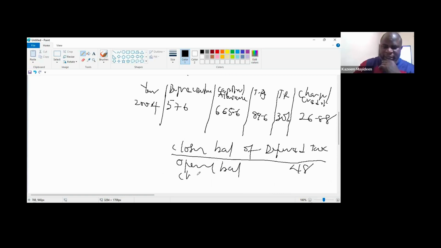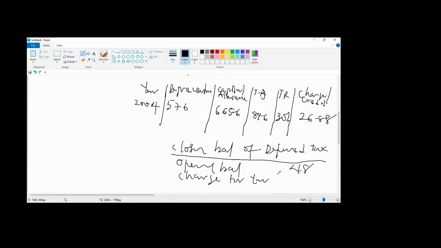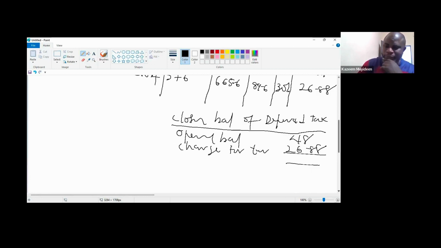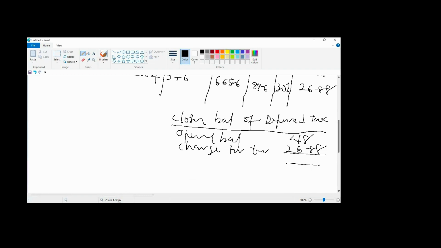And as a charge for the year, what is the charge for the year? 26.88. This is 7 marks for a basic year question. 48 plus 26.88 is 74.88.